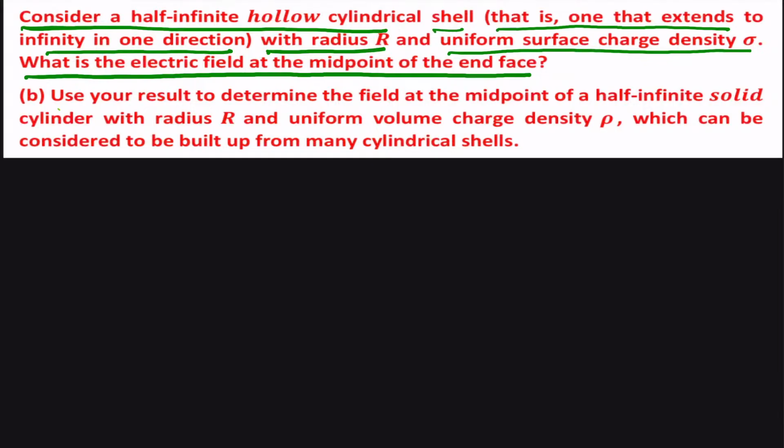And part B, use your result to determine the field at the midpoint of a half infinite solid cylinder with radius r, uniform density rho, which can be considered to be built from many cylinder shells. Okay, so these two are interrelated, and we are interested in finding out the electric field in case of our half, that is part A.